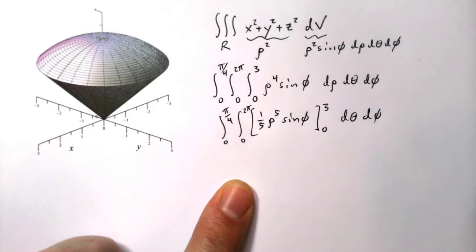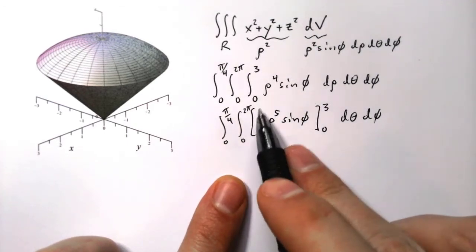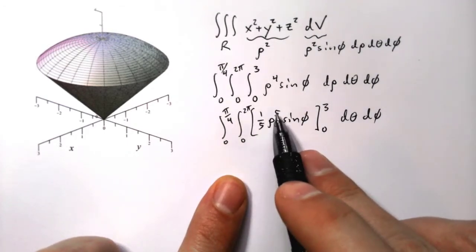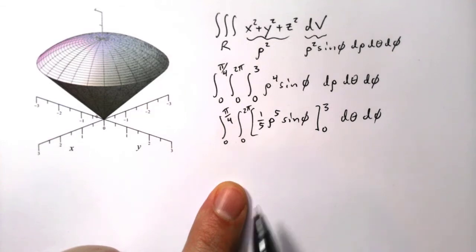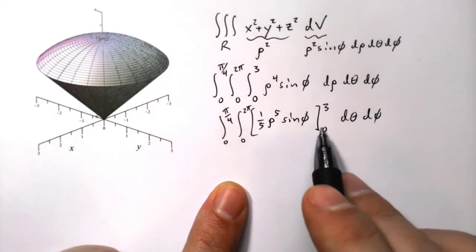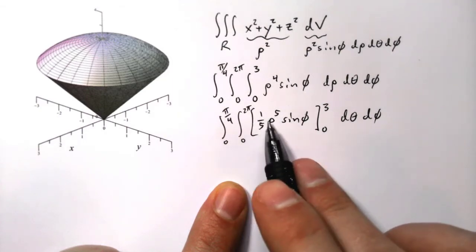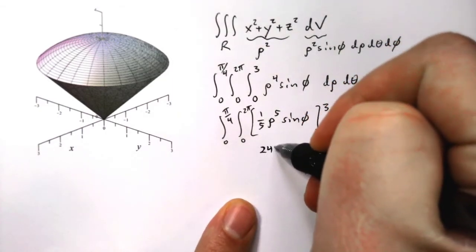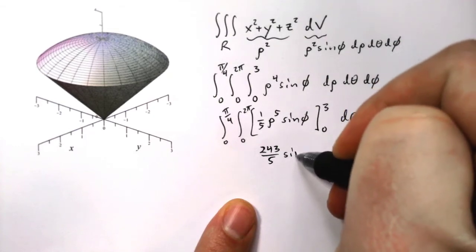When I plug in 3, 3 to the 5th is 243, so it's 243 over 5. And then when I plug in 0, I get 0. So it's just 243 over 5 sine phi.